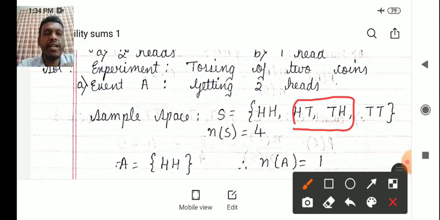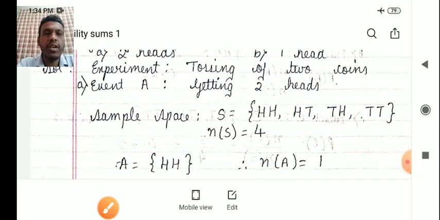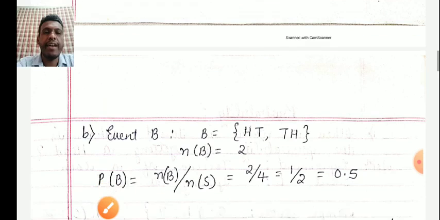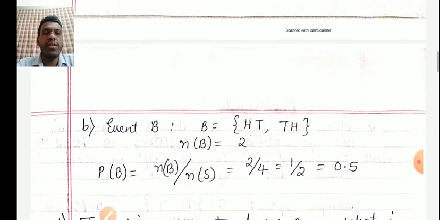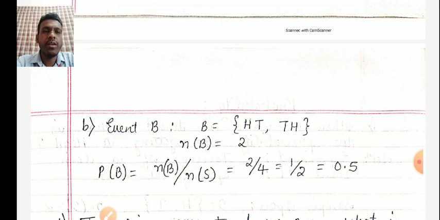So two events are there where you are getting one head. Just copy those two events here. Event B equals HT comma TH, n(B) equals 2. So probability of B is equal to n(B) divided by n(S), which is 2 upon 4, equal to 1 upon 2, equal to 0.5.